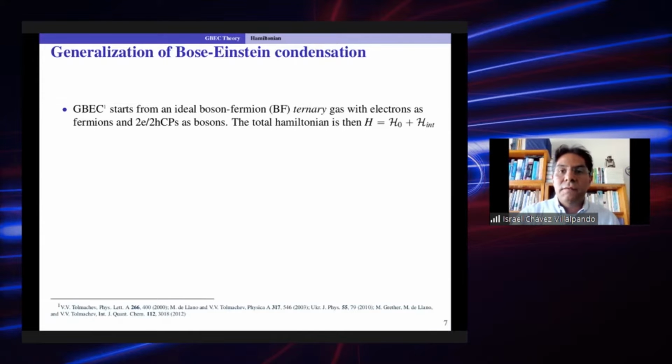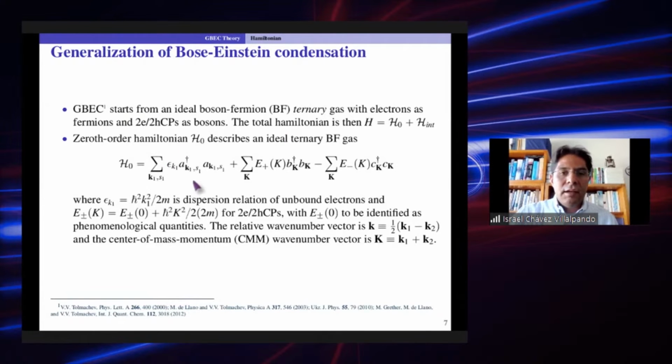So let me give you this reference about boson-fermion models, because we are working with this general boson-fermion gas plus boson-fermion interaction vertices, where we have the more important results.